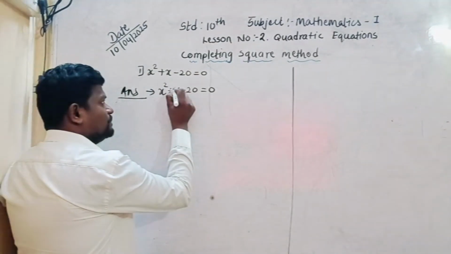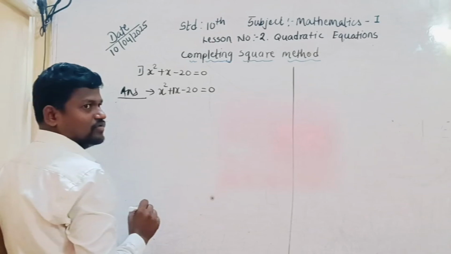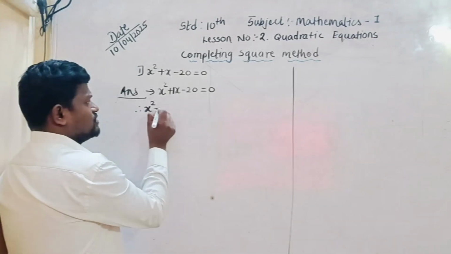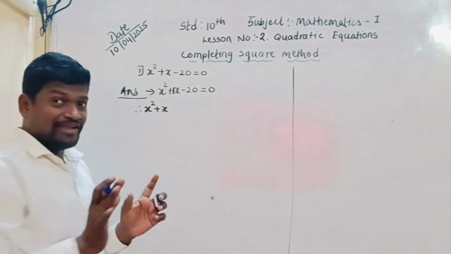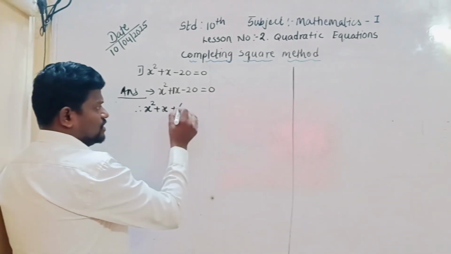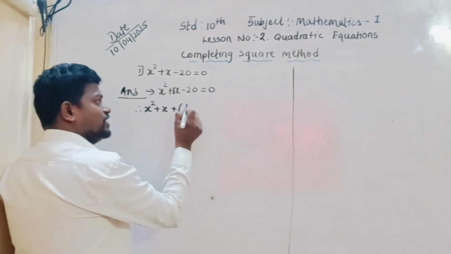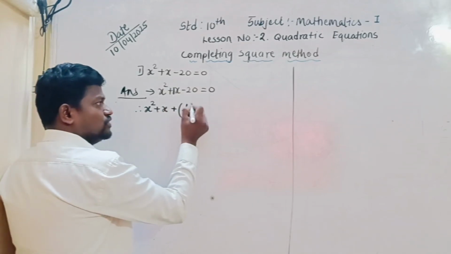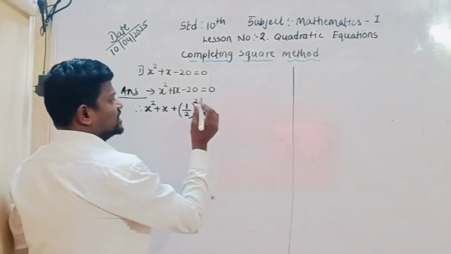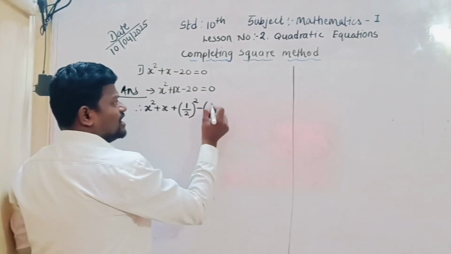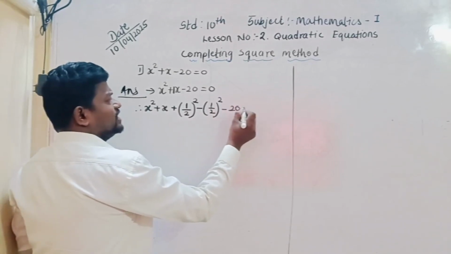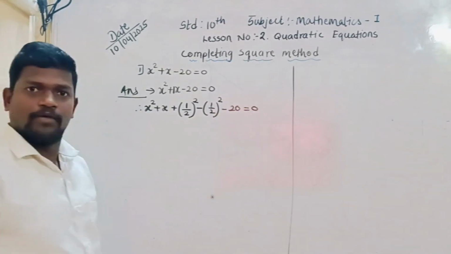So here the b value is 1. Now see, x square plus x, write down as it is, then give a plus sign. Our b value is 1, then divide by 2, bracket square. Repeat this with a minus sign, then give a minus sign, again the same value, minus 20 equal to 0.